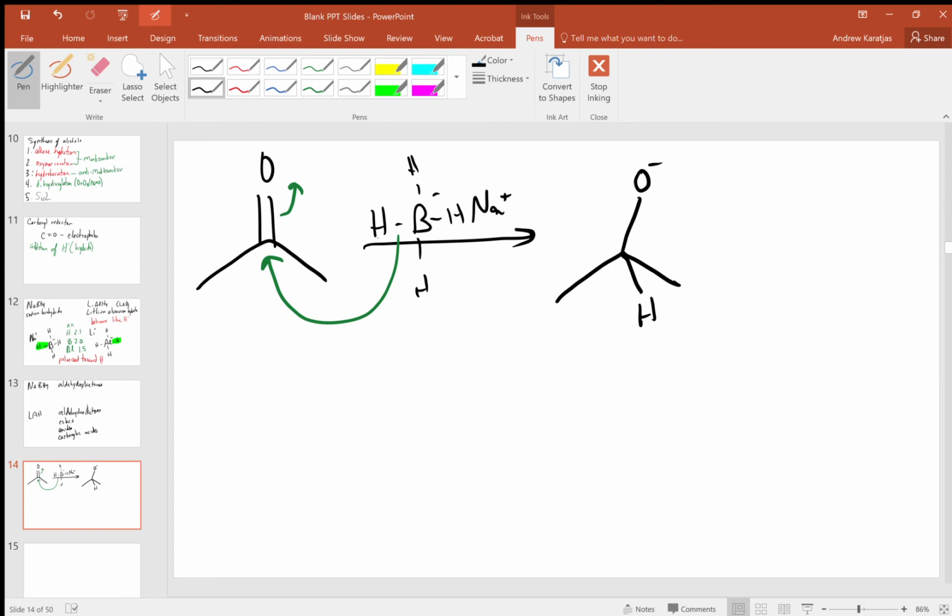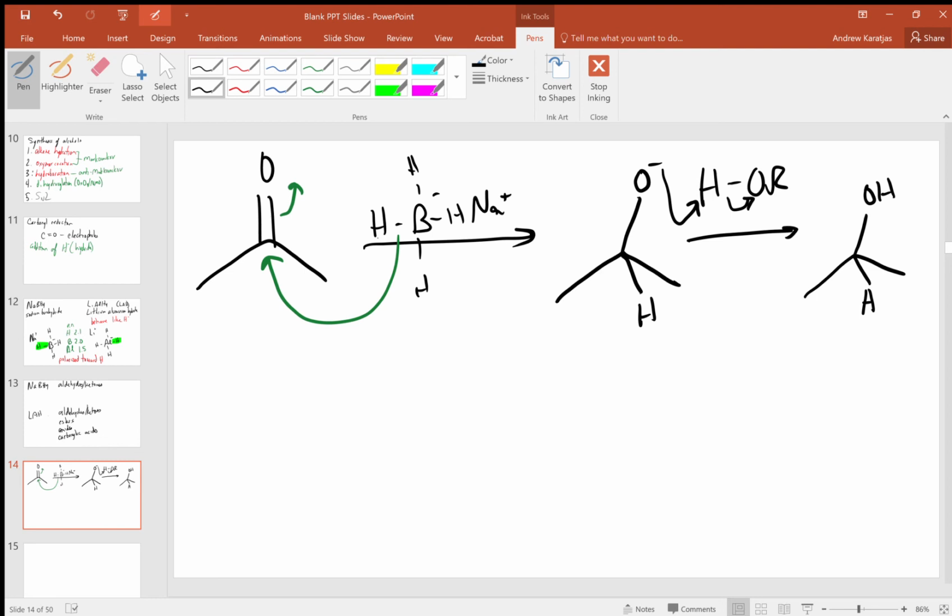LAH functions in largely the same way. The H- attacks from the lithium aluminum hydride, and we get a pretty much identical looking intermediate. From here, at least for the sodium borohydride reaction, typically these use some sort of alcohol as a solvent, so that O- removes the hydrogen from the solvent, and we get an alcohol as the product.